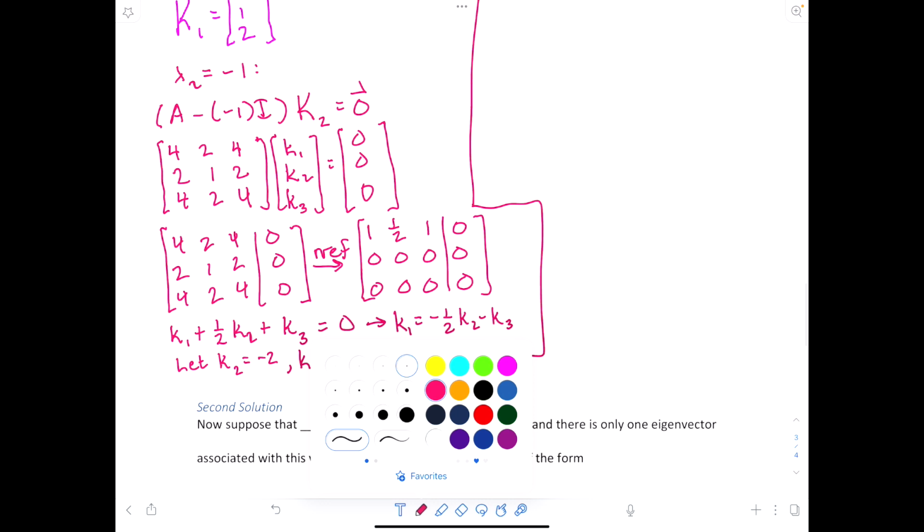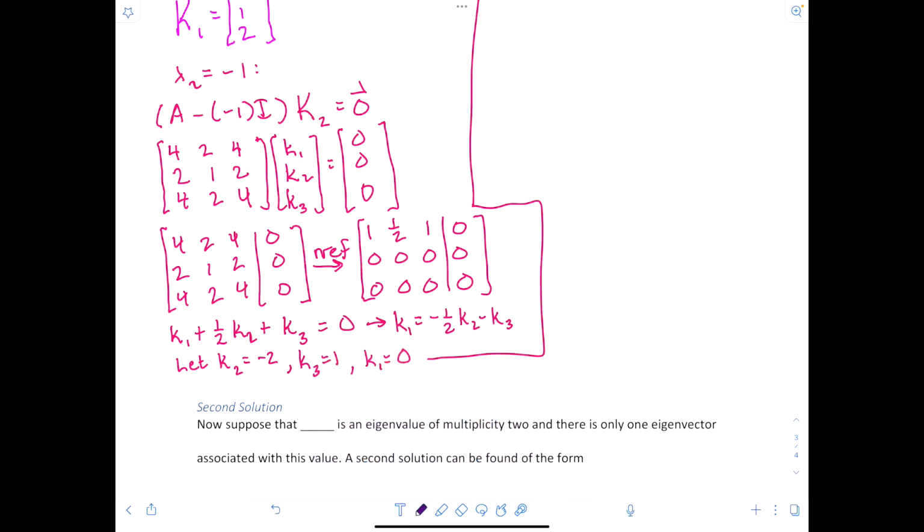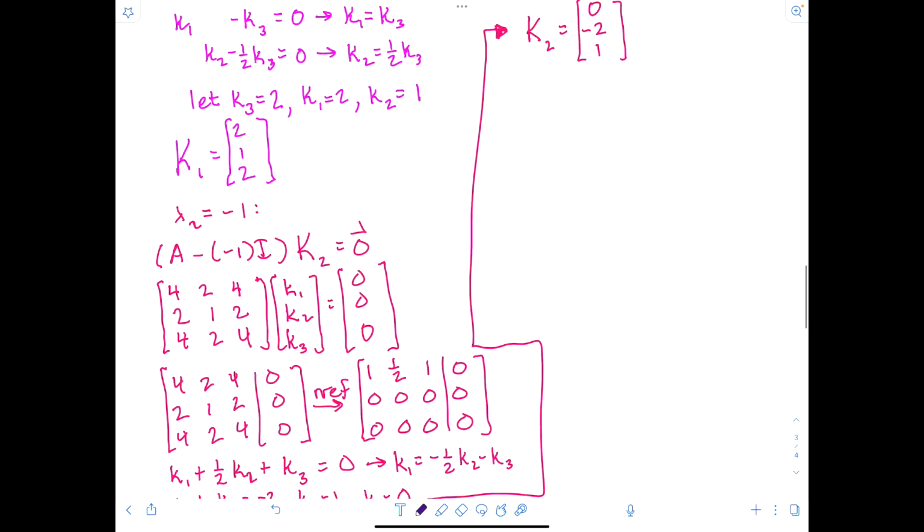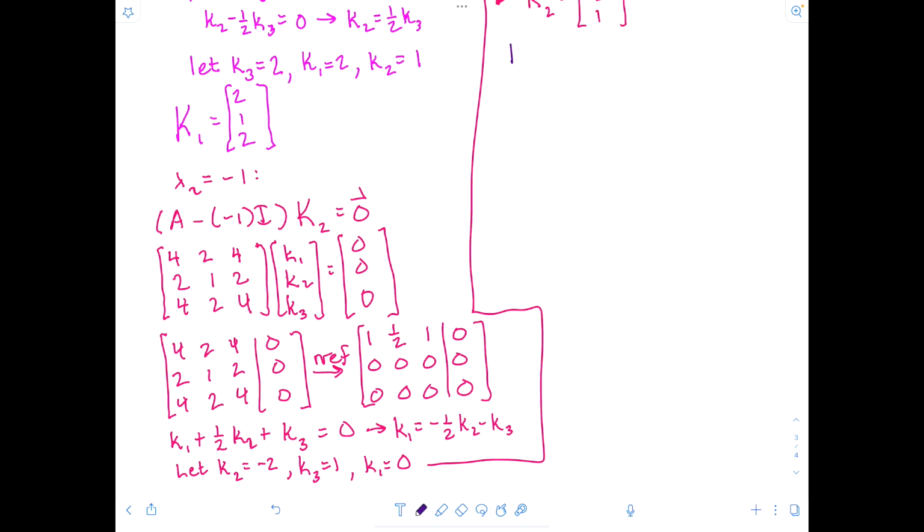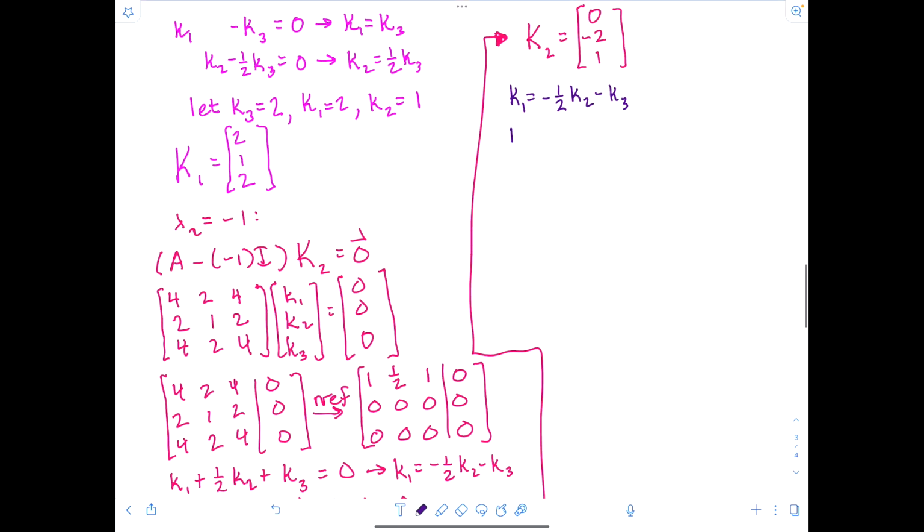Now, we still have the same situation. We still have K1 is equal to negative 1/2 K2 minus K3. So now we just pick different values for these to get vector K3.